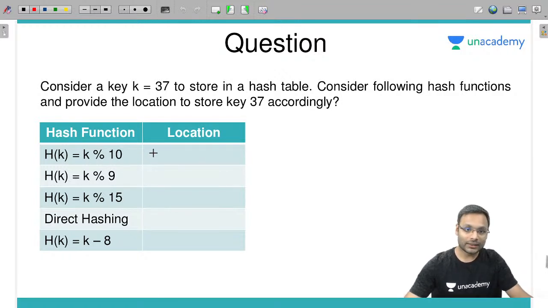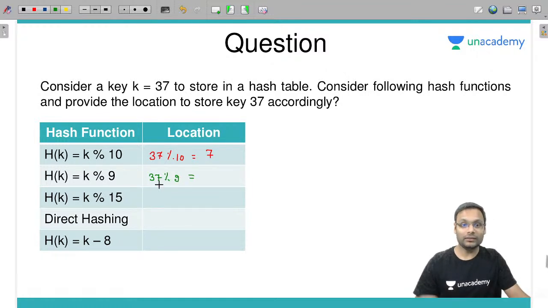For k mod 10, 37 mod 10 will be 7. Second one, k mod 9, 37 mod 9: 9 into something, 36, 36 plus 1 is 37, so 37 mod 9 is 1.